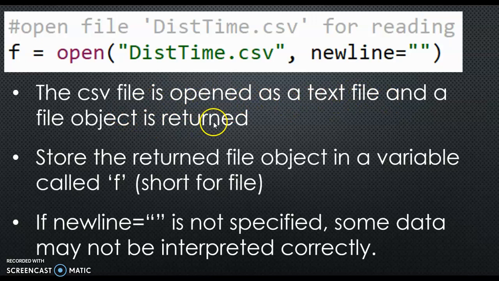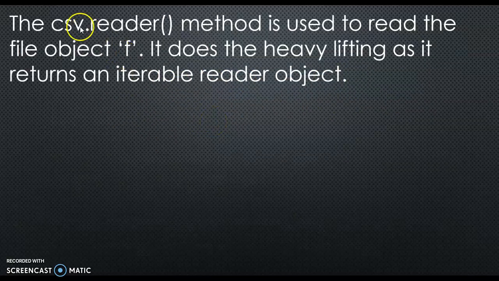file object is returned. So what we need to do now is go to our CSV module that we imported, our CSV library, and in there it has a method called .reader, and it's used to read the file object f. It does the heavy lifting as it returns an iterable reader object.